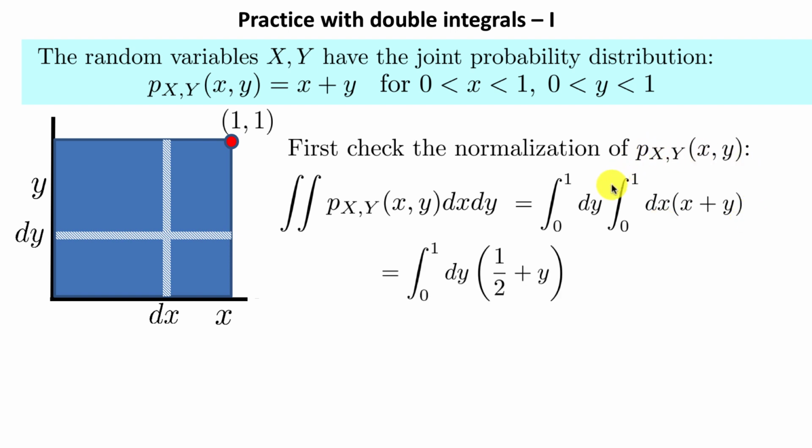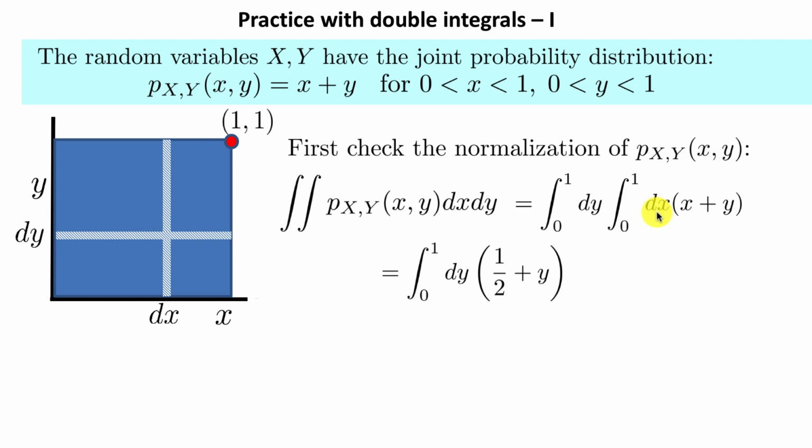This first integral over here, let's do the integral over x of x. That is half x squared between the limits 1 and 0. So that's just equal to half. What about over here? Dx into y. Y is a constant so far as x is concerned.